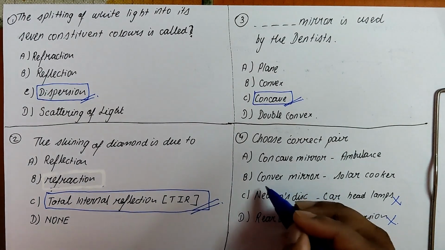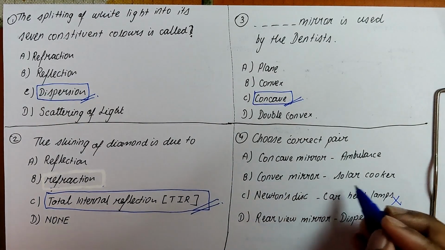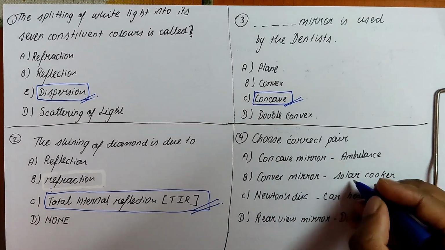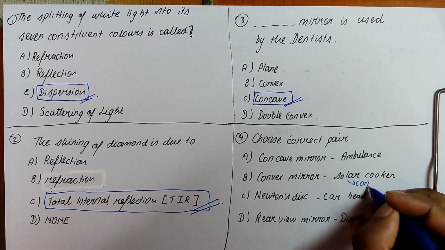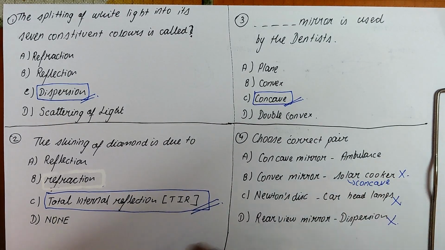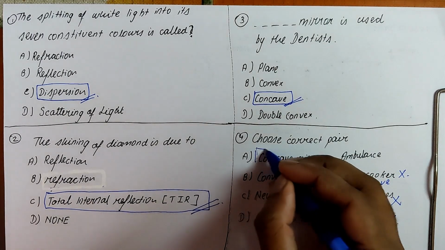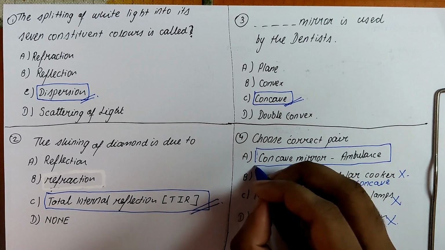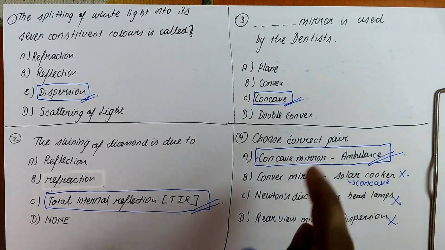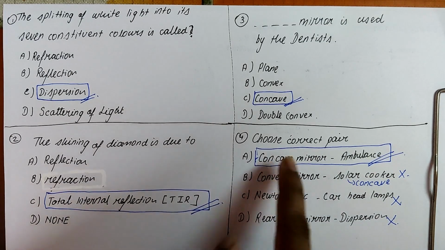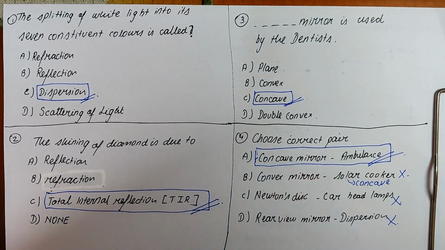For the B part, convex mirror and solar cookers: we know solar cookers use a concave mirror and not a convex mirror, so this pair is wrong, and the only pair that we are left with is ambulance and concave mirror. This is the correct answer, because ambulances have headlights which have a concave mirror.